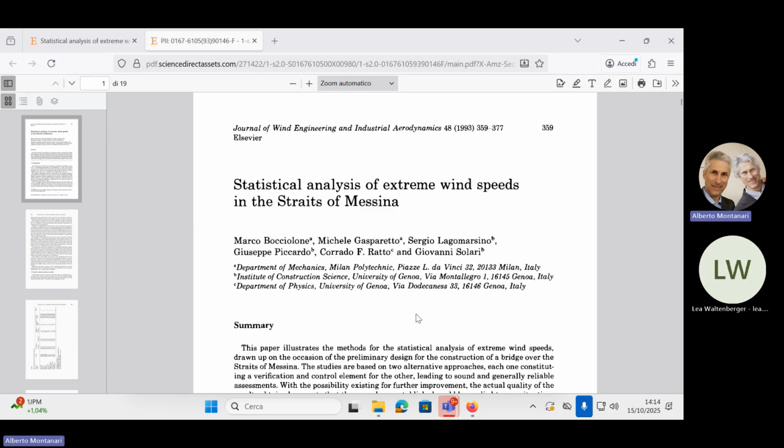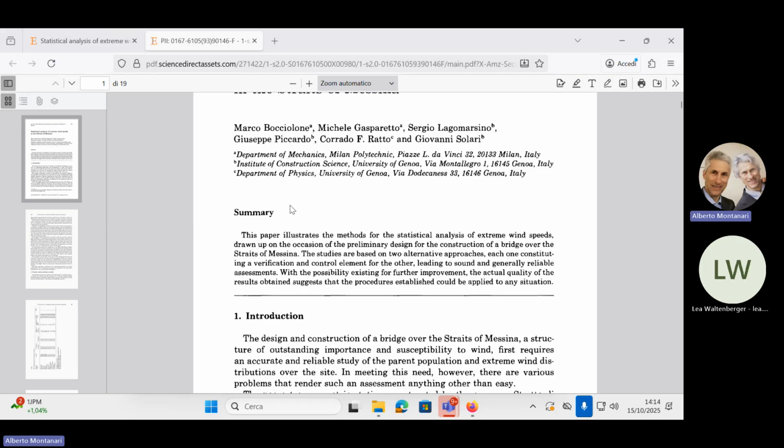So in order to read a paper, first you read the abstract or summary, and from the abstract you can already get an idea. A good abstract should explain the essence of the work and report the results.